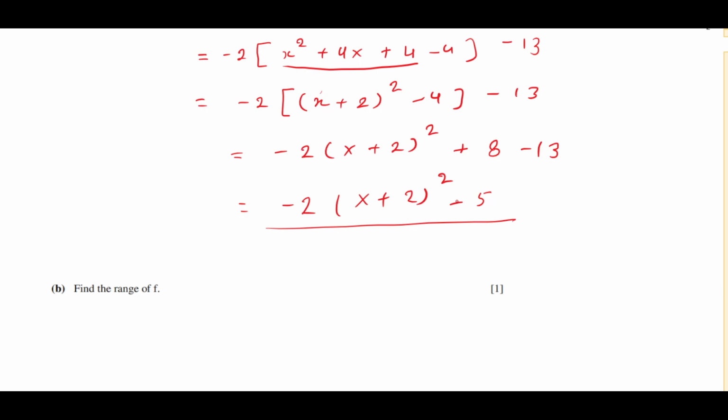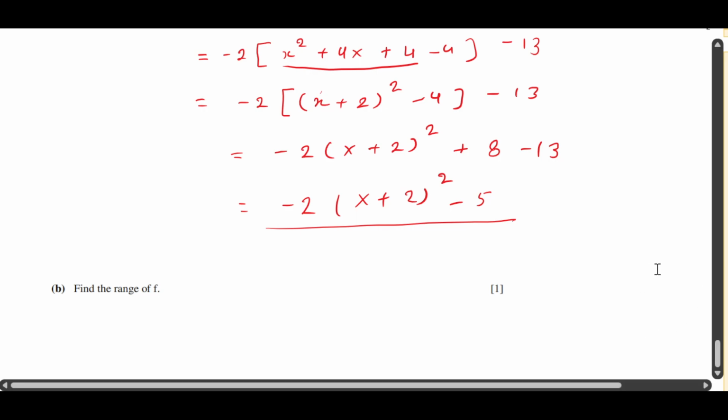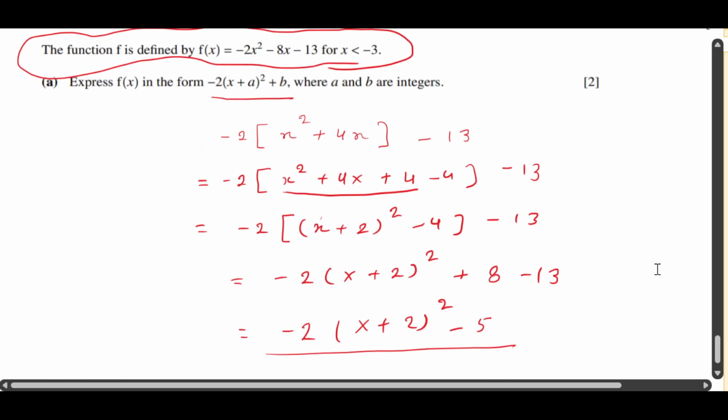If you take x equals minus 3, then what will be your answer?